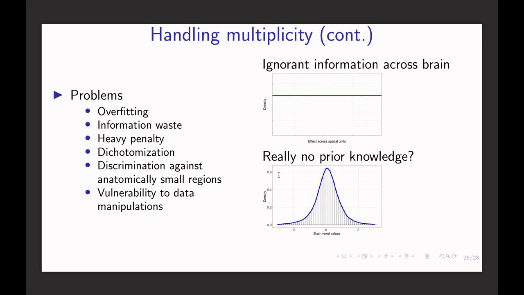That penalty can be heavy and very wasteful. We design experiments, recruit so many subjects, spend hours scanning, analyzing data, writing up. In the end, so many clusters are wasted because of this massively univariate approach with the underlying assumption of a uniform distribution. And in the end, another big problem is dichotomization.